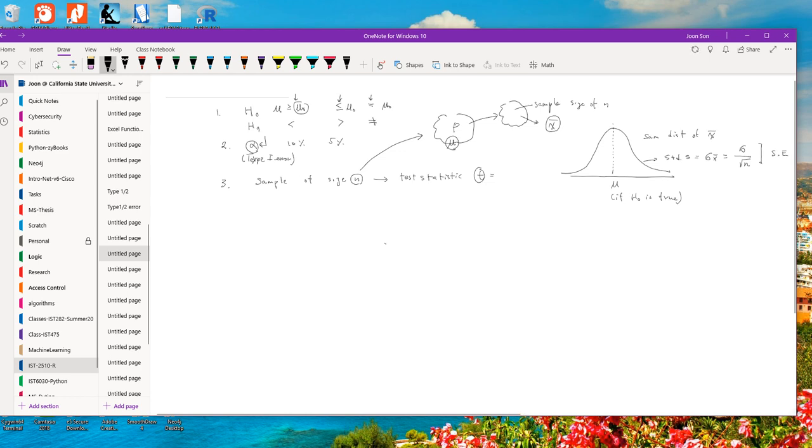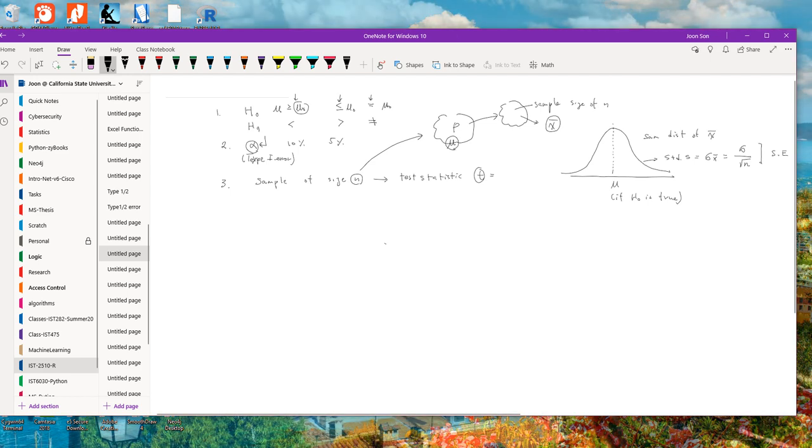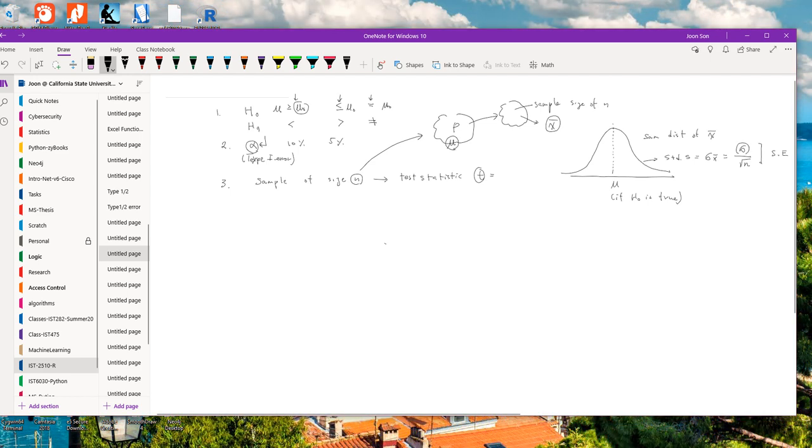But we don't know the population standard deviation, so it can be estimated. Since we don't know sigma, it is replaced by S, which is the standard deviation of a sample.